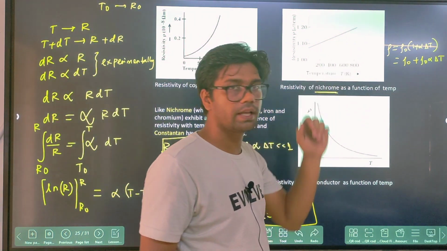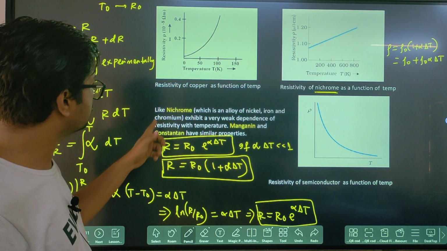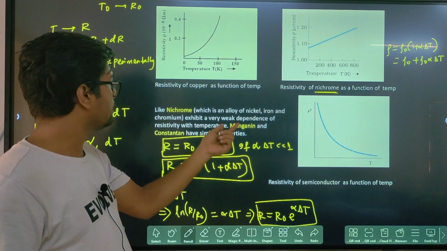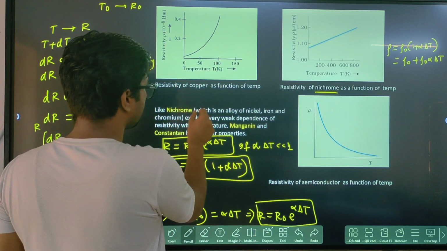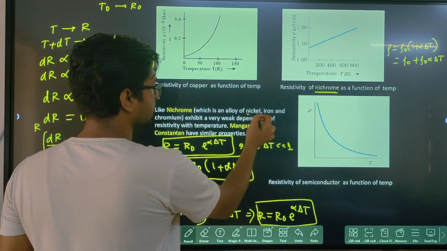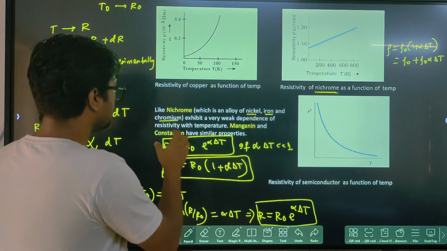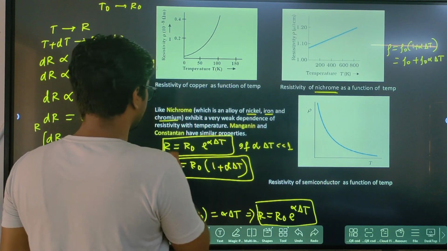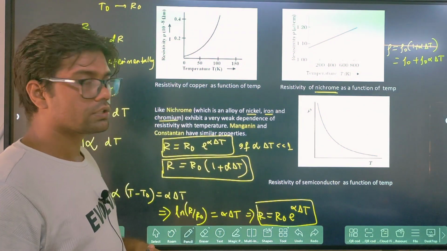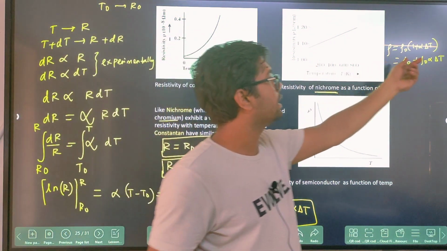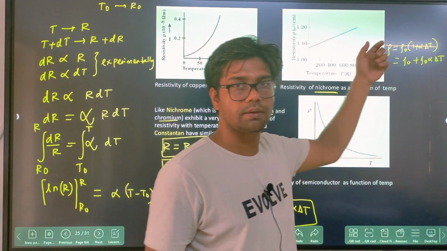That's why it is satisfying this one, right? Similarly, there exist other materials also, nichrome is made up of an alloy, which is nickel, iron and chromium, right? And similarly, there will be manganin and constantan. These materials have very small alpha delta T, right? So that's why they are varying linearly with temperature.